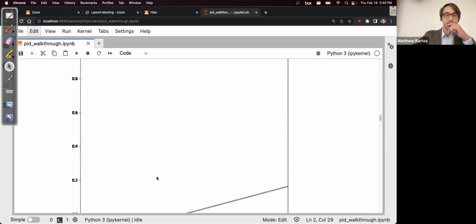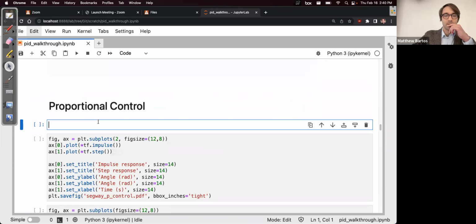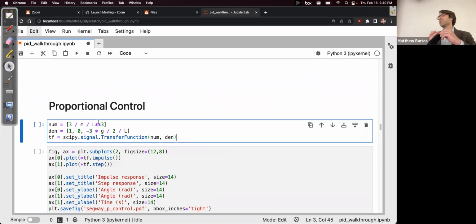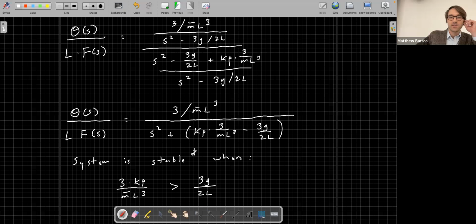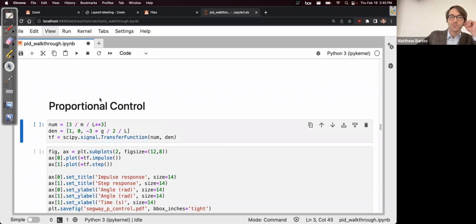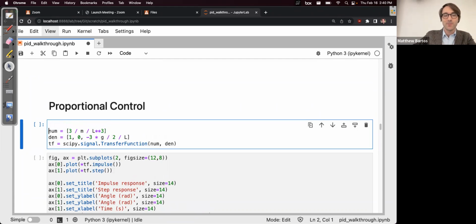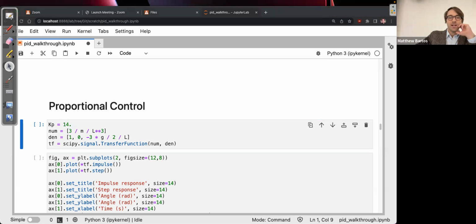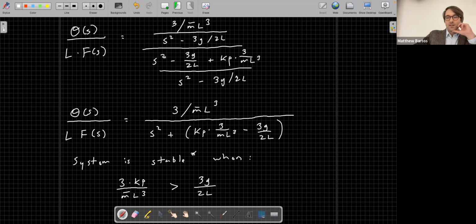All right. So we have that our numerator should be the same, right? Numerator of our transfer function should be the same. It's 3 divided by m bar L cubed. We're going to want to define a control gain. So I'm just going to define it as 14, just because. Okay, and then we want our denominator to look like this.